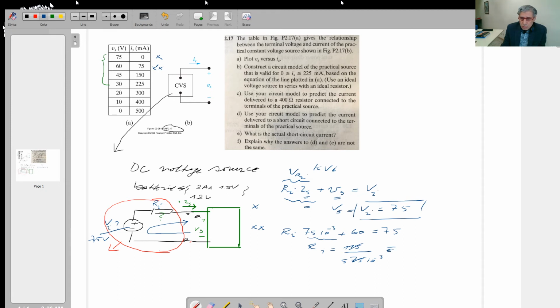And this is equal to 1 over 5 times 10 to the power 3. So that means 200 ohms there. So I found this value as well, 200 ohm.